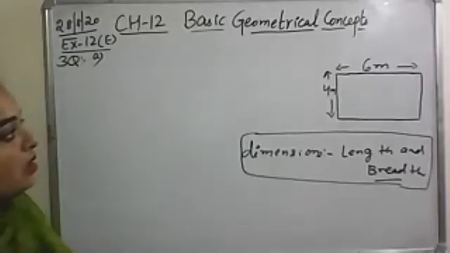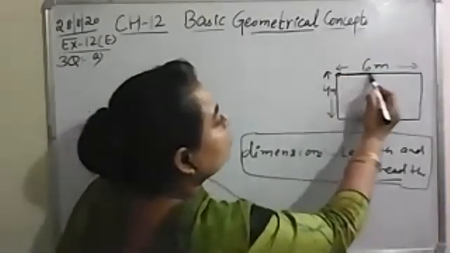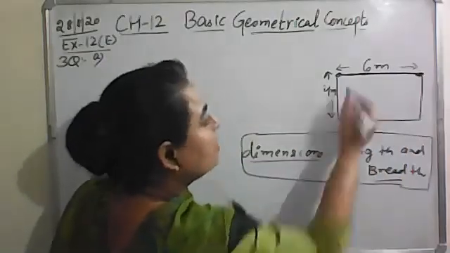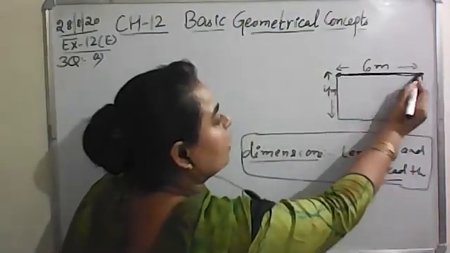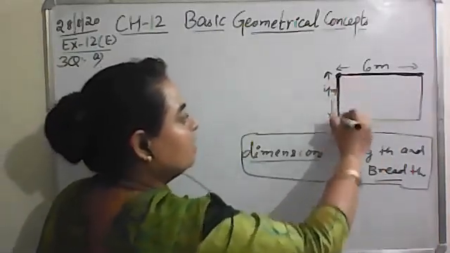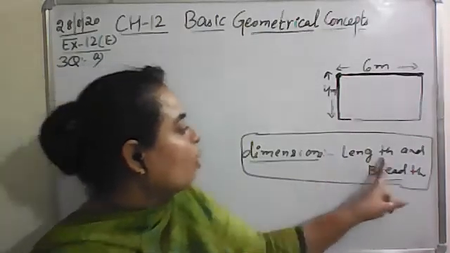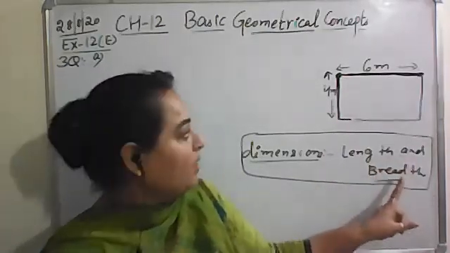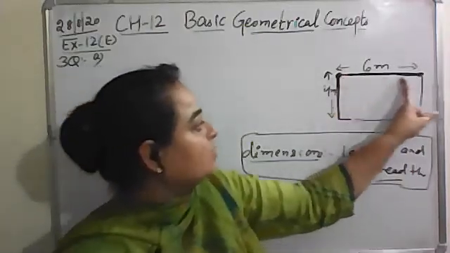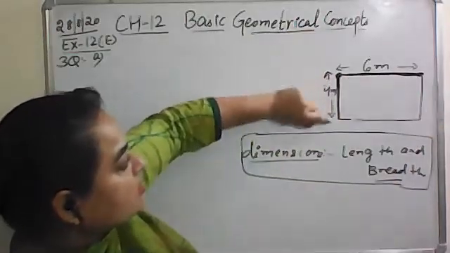In the figure, 6 meter is known as length, and this 4 meter is the breadth. I'm repeating once again: the word dimensions is used for length and breadth.